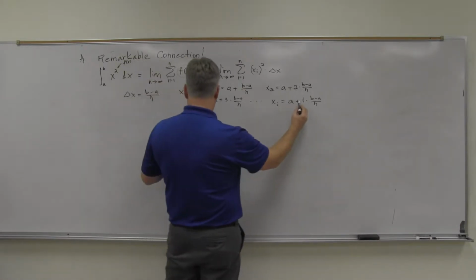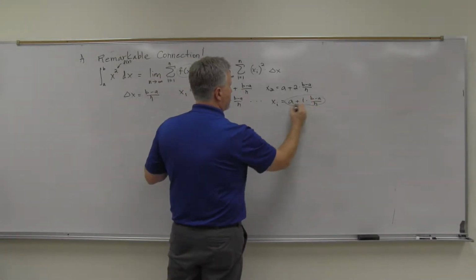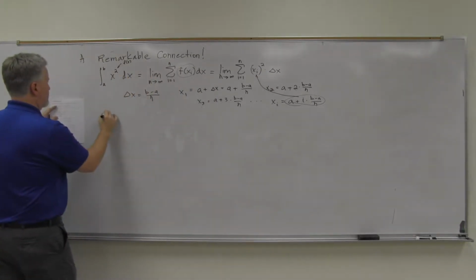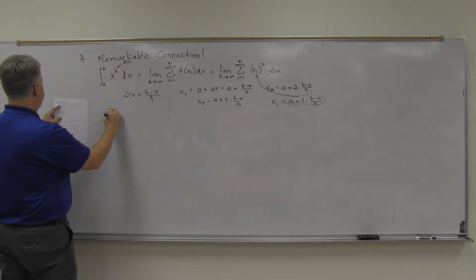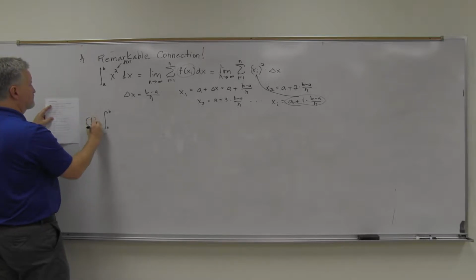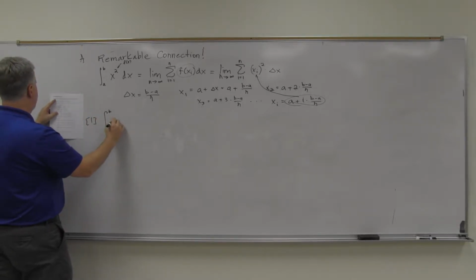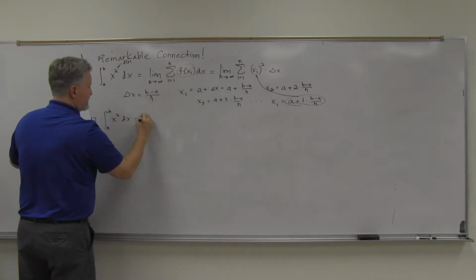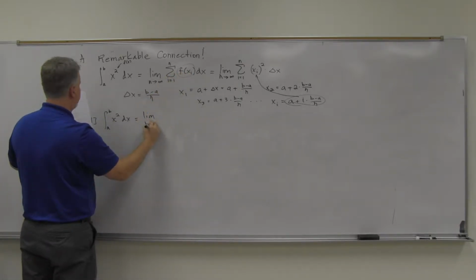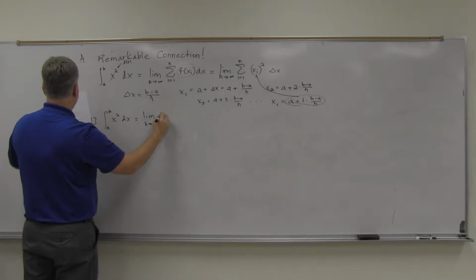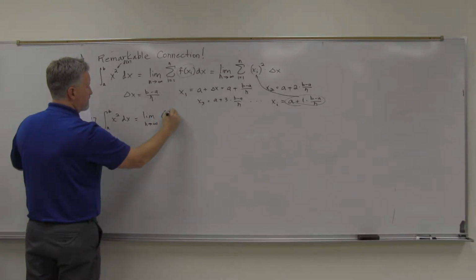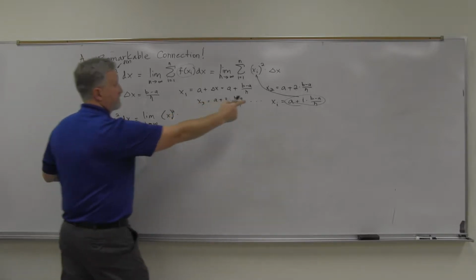Well, if I plug that in for x sub i, then right there, this is line 1 now. The integral from a to b of x squared dx is now the limit as n goes to infinity of the sum of x sub i squared times delta x.